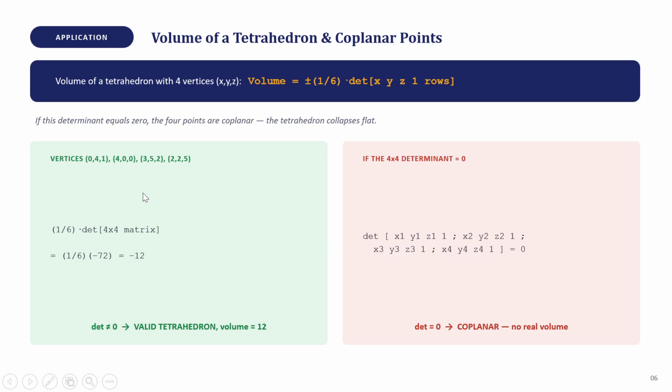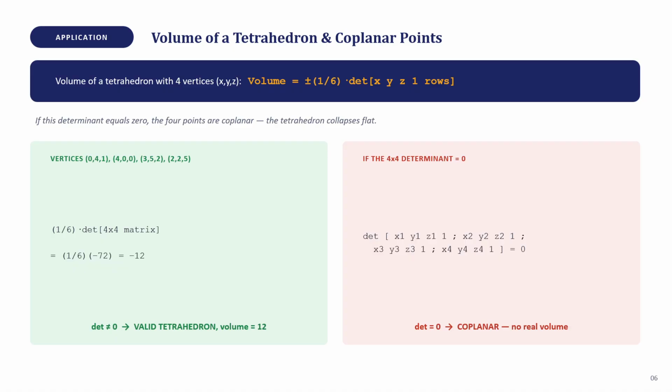As you can see, there is an added column of ones. Then multiply by negative 72: 1 over 6 multiplied by negative 72. Since it is not equal to 0, the tetrahedron exists, which gives us the volume, so we solve.